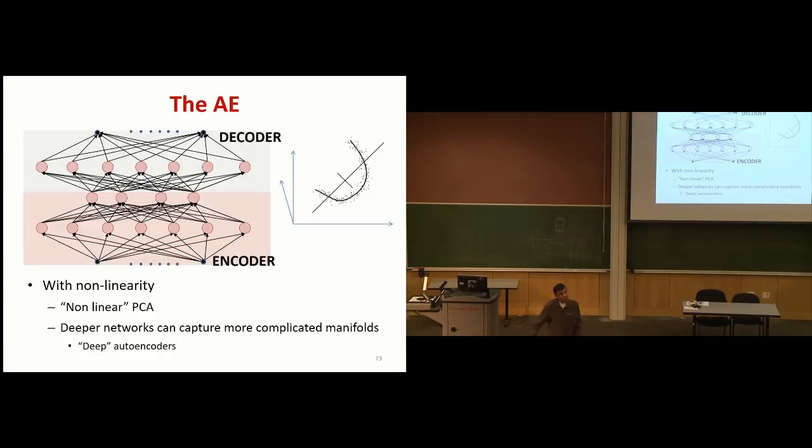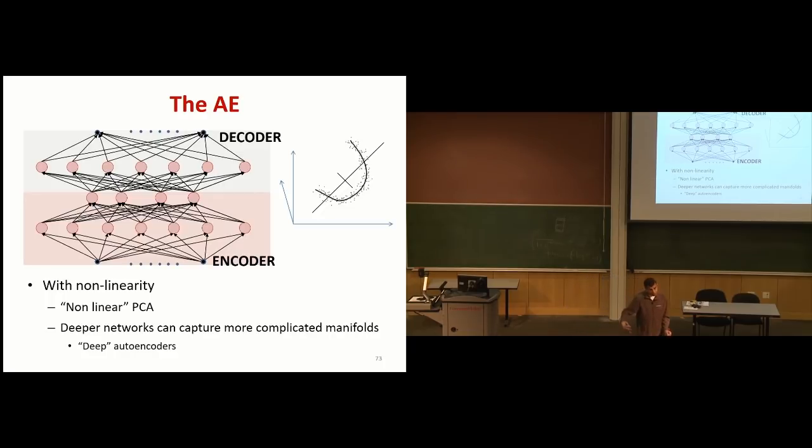And now you can think of what happens with deep networks. If I have a deep network, then the encoder and the decoder don't even need to have the same structure. I can take any deep network, which is an autoencoder, and think of some portion as an encoder and something else as a decoder. The encoder is learning a manifold, and the decoder is learning to reconstruct on this manifold.